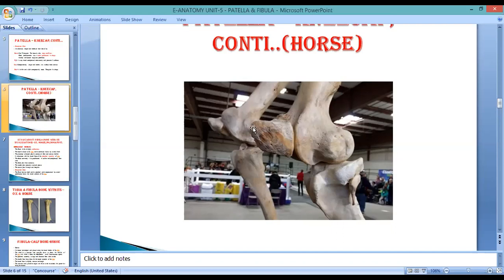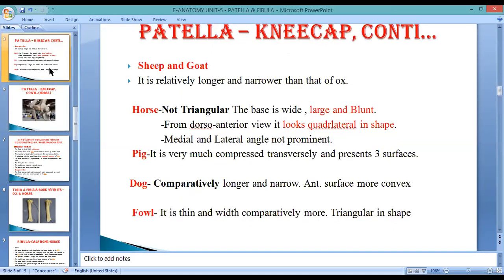For the description, the lateral angle, the lateral border, is not prominent like in the ox. So if anybody asks you to tell two lines about the patella of the horse, we can say it is the largest sesamoid bone of the horse or any animal, and it is located just in front of the trochlea of the femur.